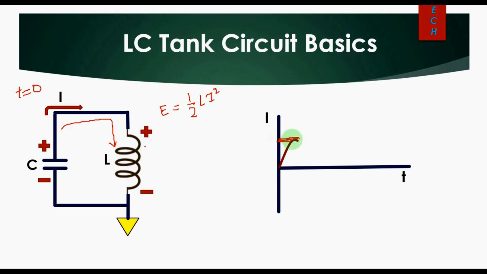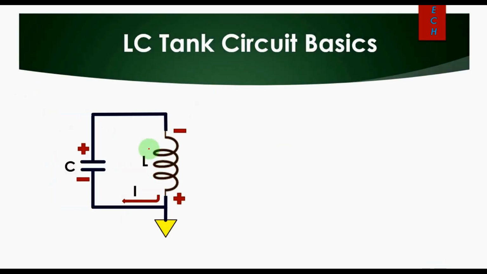Now once the inductor has stored the energy till its peak value, the magnetic field across this inductor starts collapsing. Since we know that the current across the inductor cannot change instantaneously, and the magnetic field is collapsing, it will discharge through this path.